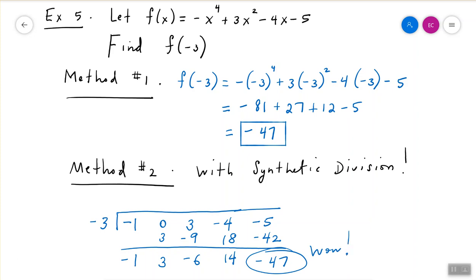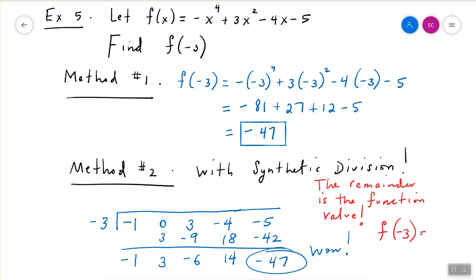Wow. Negative 47 is the answer. The remainder is the function value. F of negative 3 is negative 47.